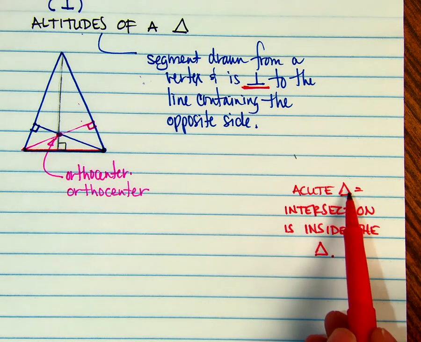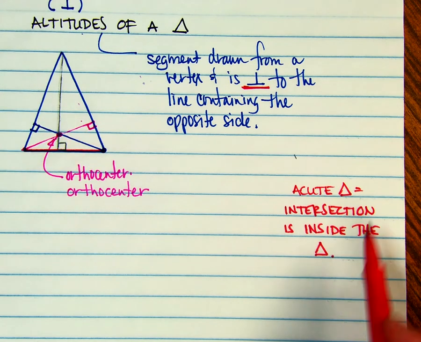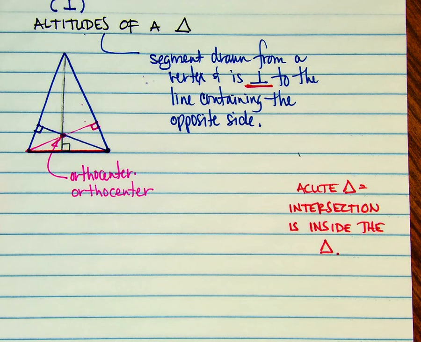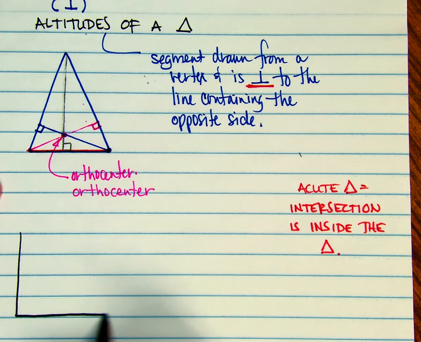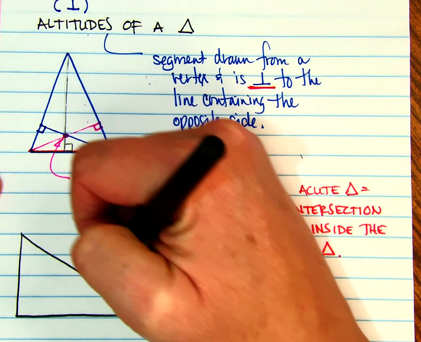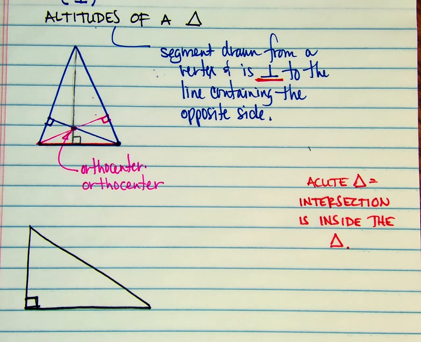So if you have an acute triangle, the intersection is inside the triangle. Okay, here's a triangle, here's the inside. If you have a right triangle, so here's my right angle, so this is a right triangle.